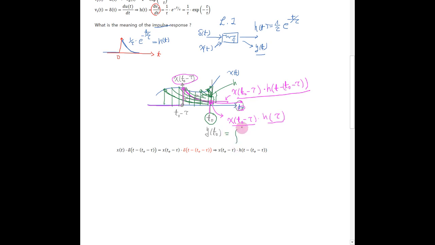Okay, so we can think about x(t0 - τ) times h(τ) times dτ giving the output y. So τ is changing from 0 to infinity in the past history.